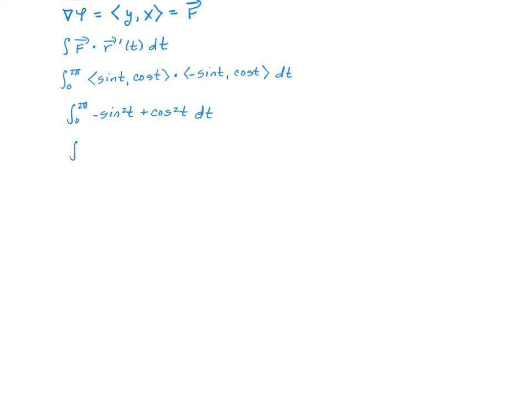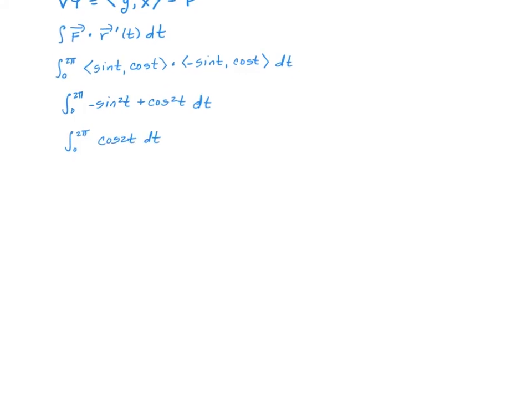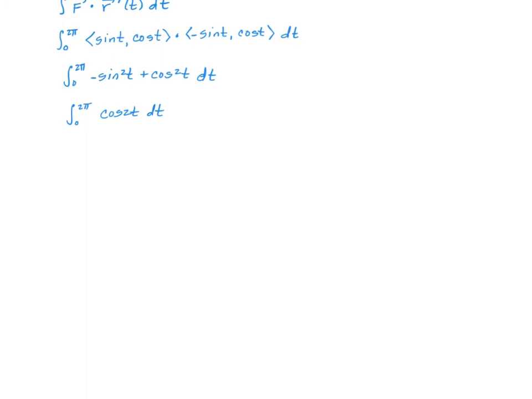So I think that's what I'm going to use, as I can easily integrate that into sine of 2t over 2, and then evaluate that from 0 to 2 pi. So sine of 4 pi is 0, sine of 0 is 0. This just becomes 0.